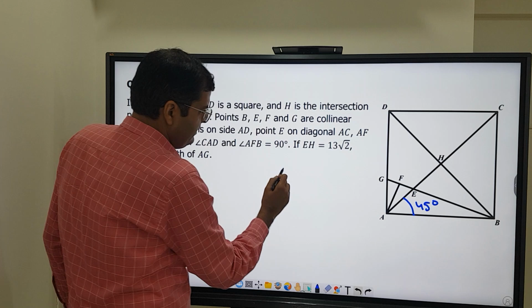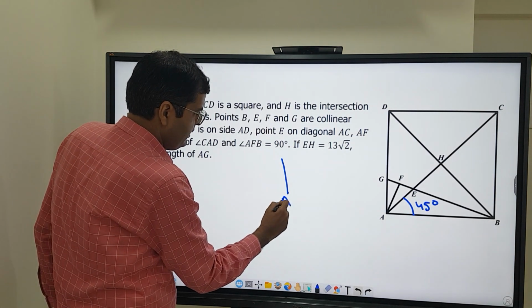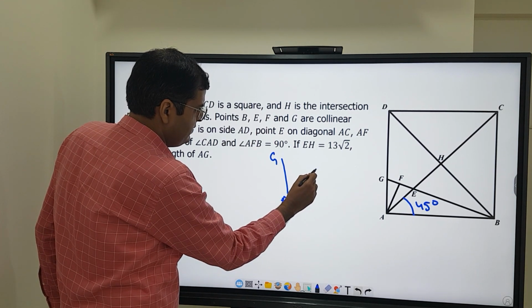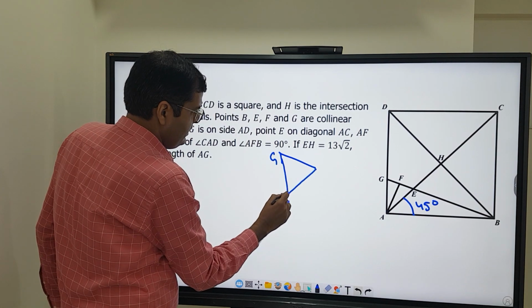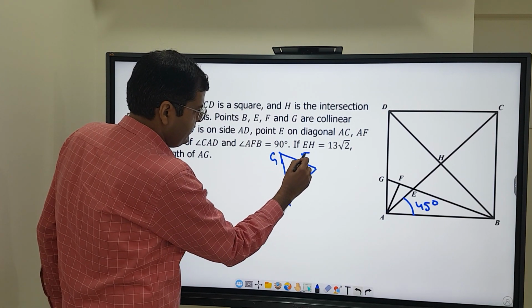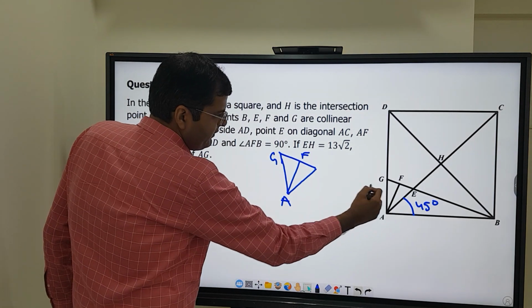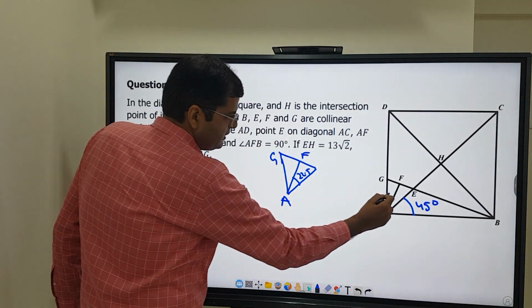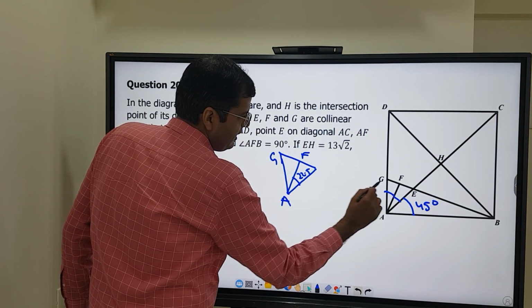In this triangle I'm drawing, this is A, this is G and this is E. AF is the angle bisector, so the remaining 45 degrees is bisected. This part is 22.5 degrees and this part is also 22.5 degrees.